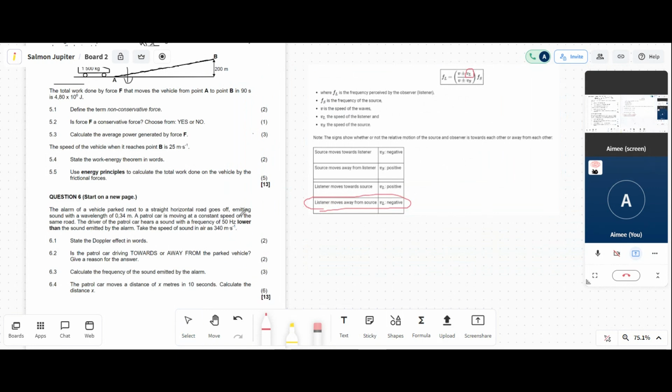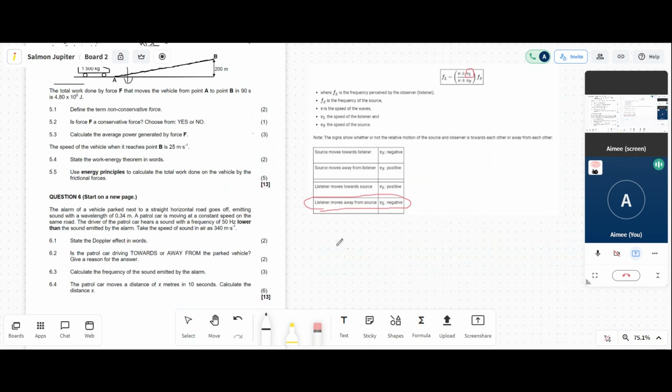Okay? So 6.3, calculate the frequency of the sound emitted by the alarm. You can tell that this is only for 3 marks. It's not going to be difficult. All you have to do here is look for the frequency of the emitted sound. They've only given you the wavelength, but converting wavelength to frequency is quite simple.